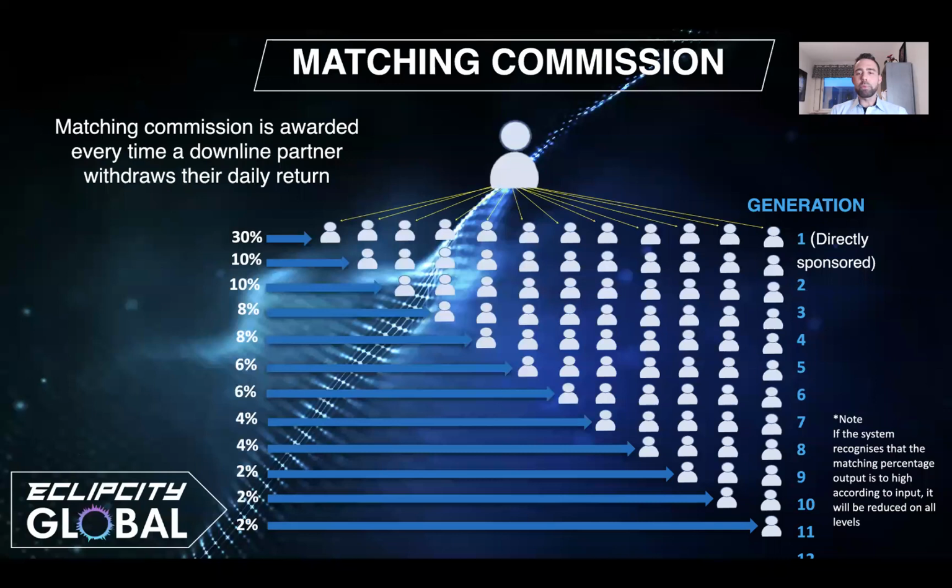And if the system recognizes that the percentage output is higher than it should be, it will be decreased. So that means that 30%, 10%, 8%, 6, 4, and 2 can be decreased to, for example, 15, 5, 4, 3, etc. This will be detected and adjusted by the contract.